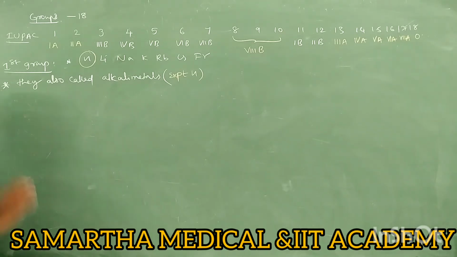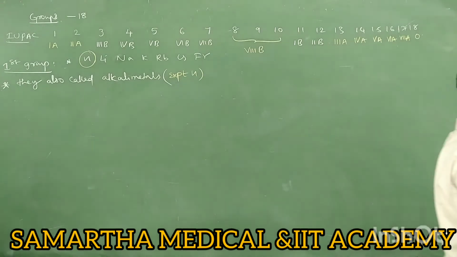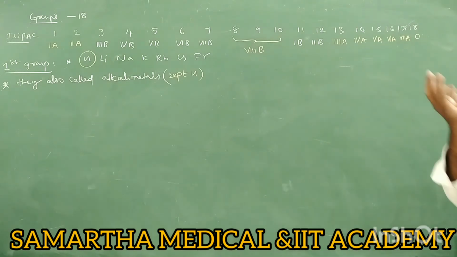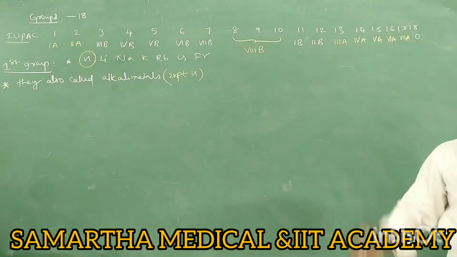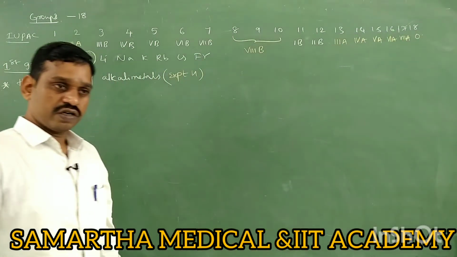Do you know why they are called alkali metals? They are called alkali metals because all these metals react with water to form the corresponding hydroxides. For example, sodium reacts with water to form sodium hydroxide, and likewise potassium hydroxide and rubidium hydroxide. All these hydroxides are basic in nature, right?